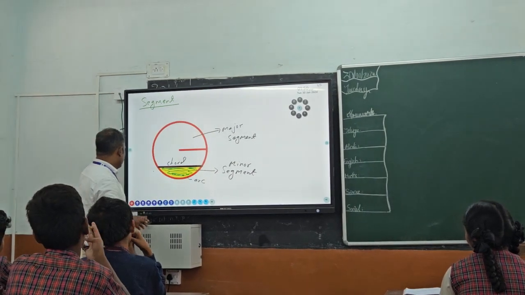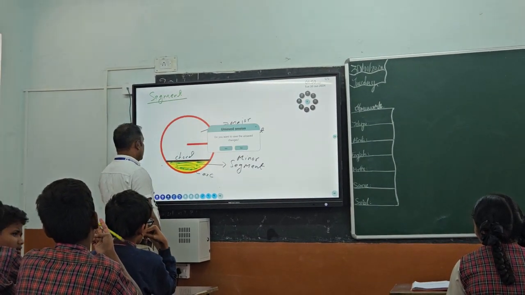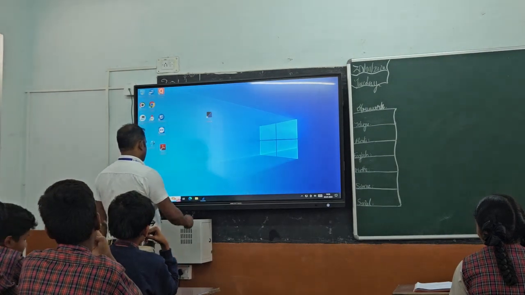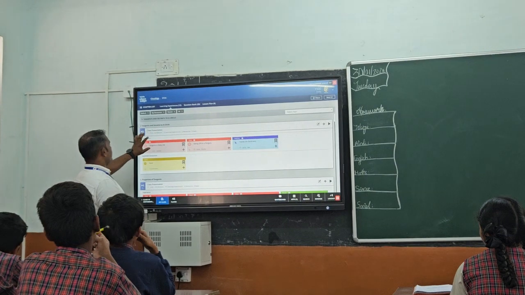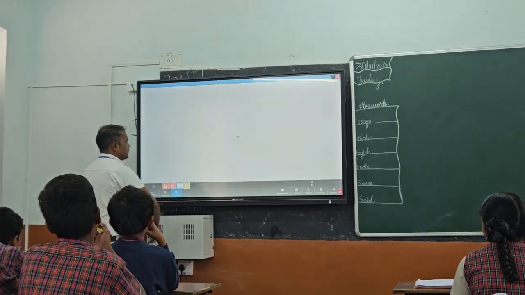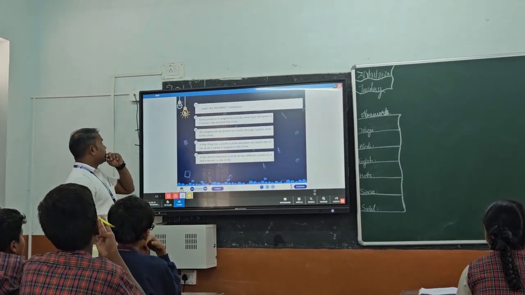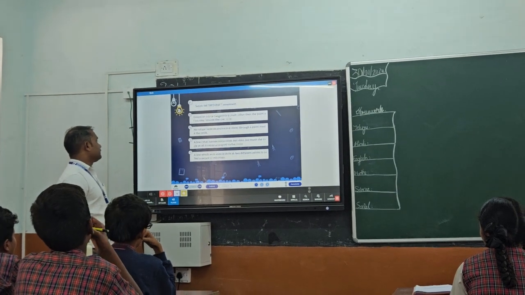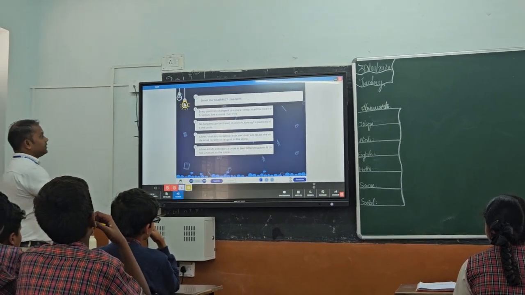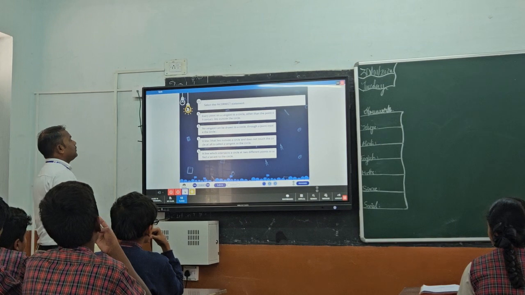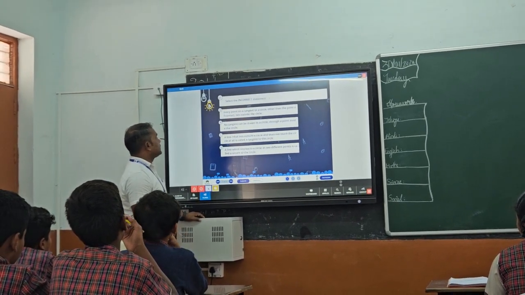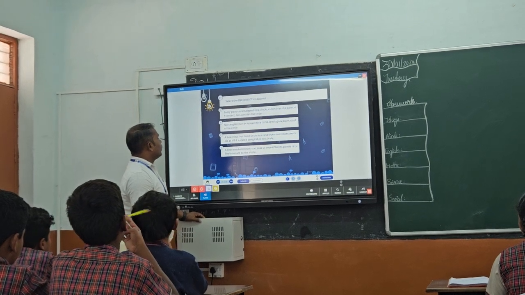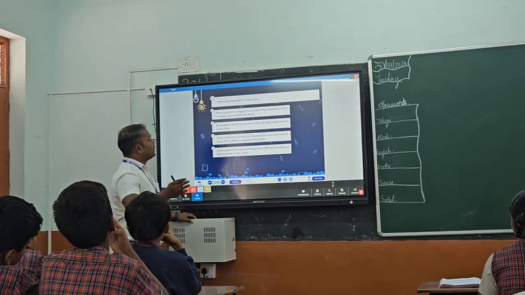Okay. Now, we'll see some questions based on this. Quiz. Select the incorrect statement. Every point on a tangent to a circle other than the point of contact lies outside the circle. Correct. No tangent can be drawn to a circle through a point inside.